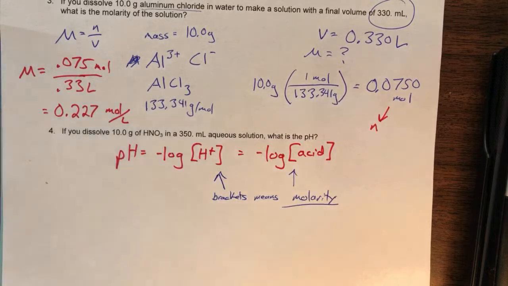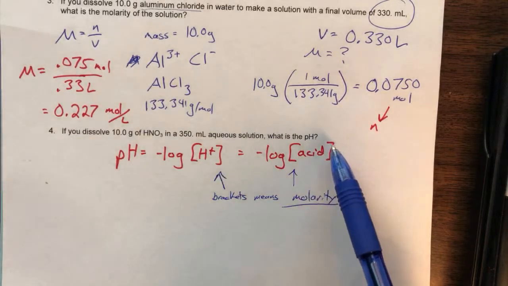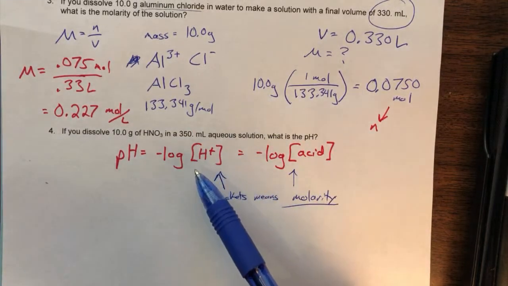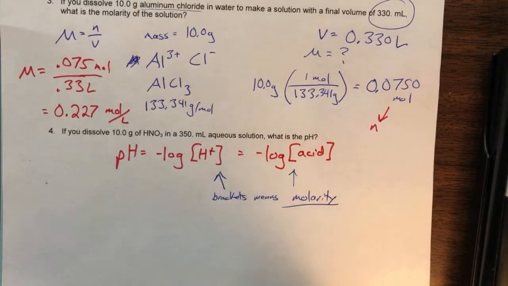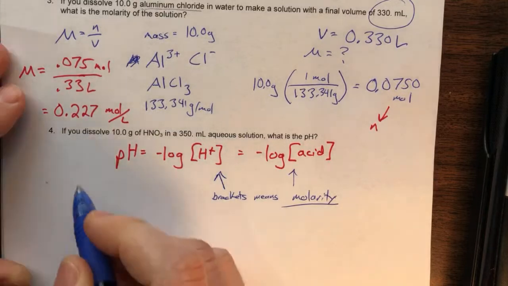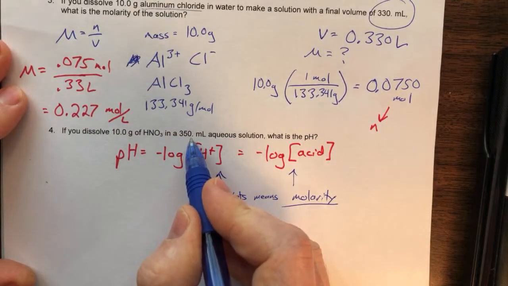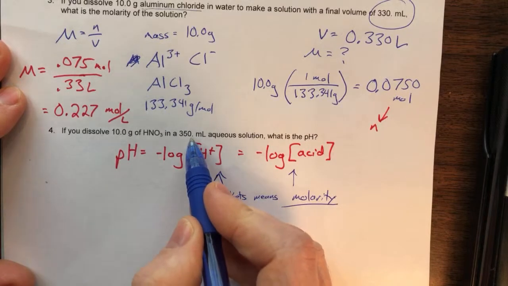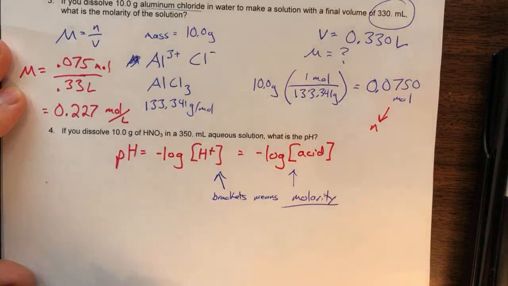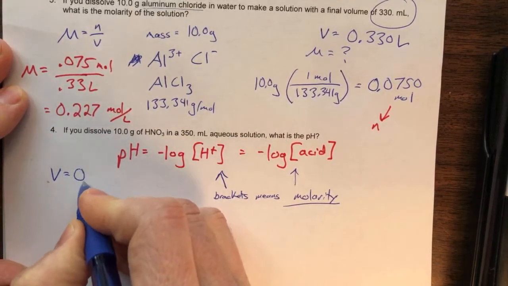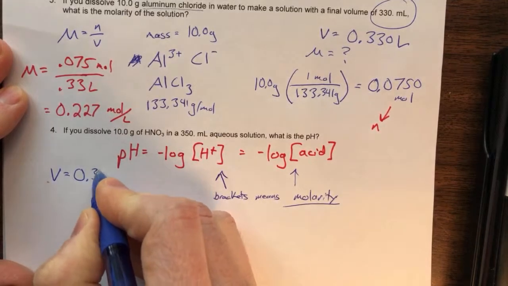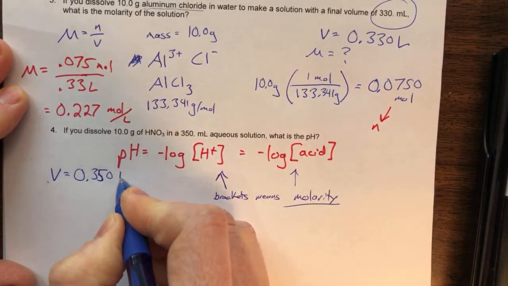So back to this problem, how do we solve it? We know that we need the molarity of the acid in order to figure out the pH. We have a volume, 350 milliliters. We need to make sure we convert that to liters, because if we leave it in milliliters, we will get a crazy number. It will be wrong. So we're going to move the decimal 1, 2, 3 spots to the left. So our volume is 0.35 liters.